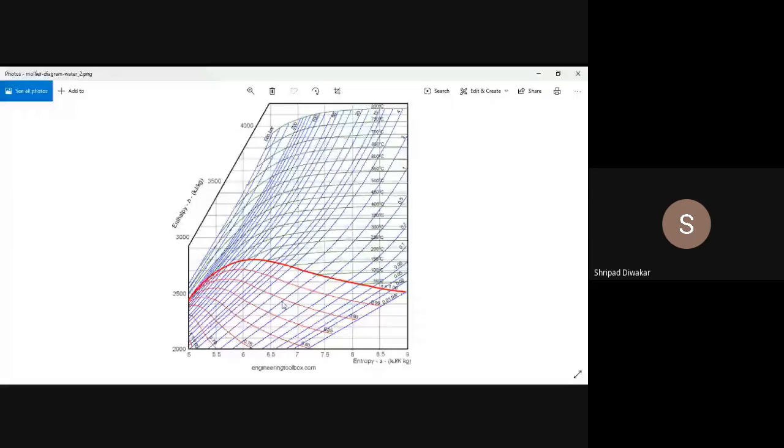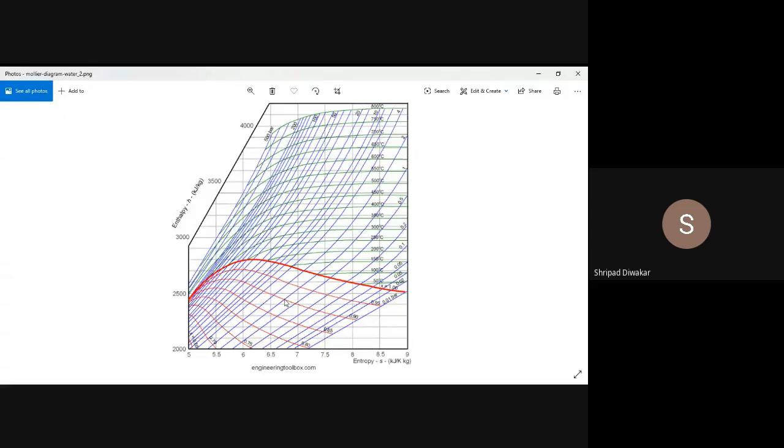For point 1, the values of P and X are given. For point 2, the dryness fraction is not given. For P2 as 1 bar, the dryness fraction you get is 0.9. The value nearest to that red thin line, you have to consider as the dryness fraction.